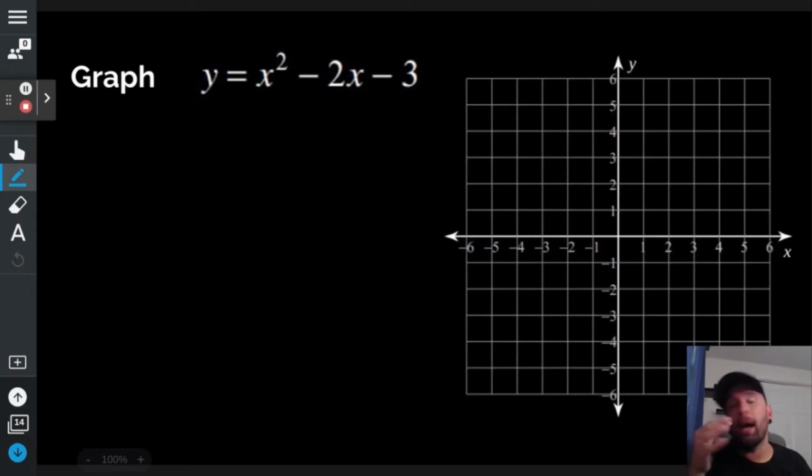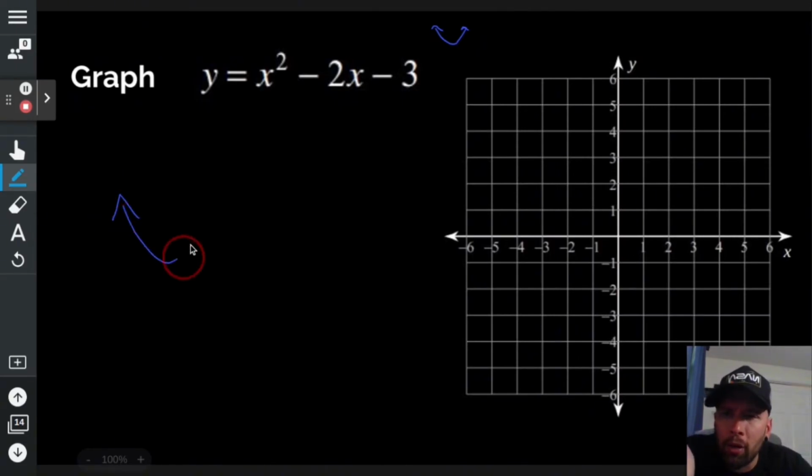Now let's graph. The way that I'm going to graph this is it's a parabola. I do know that. This is a positive x squared, which means it opens up. I do know that. The last thing I want to do is pick a bunch of x values and assume that what I'm doing is no good. What I mean is, if I know my graph's going to look like this, but let's just say the vertex is like -840 and I didn't know that.